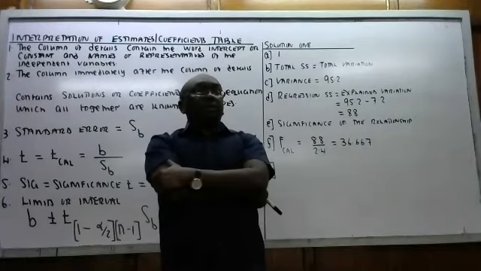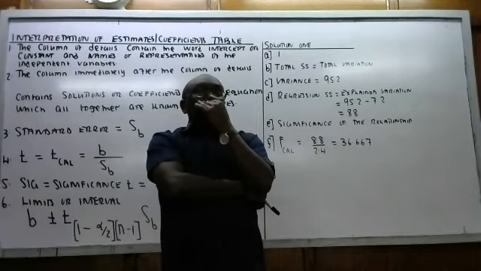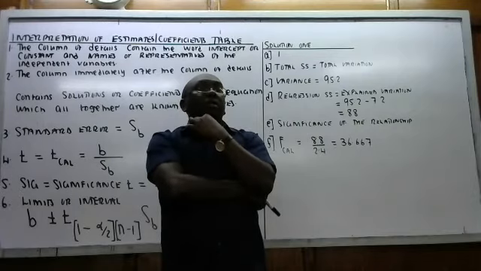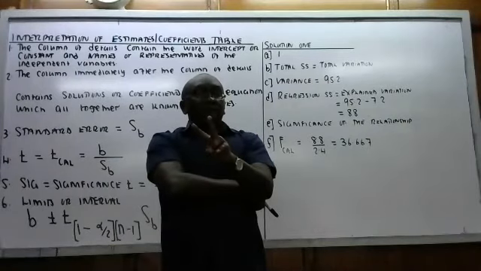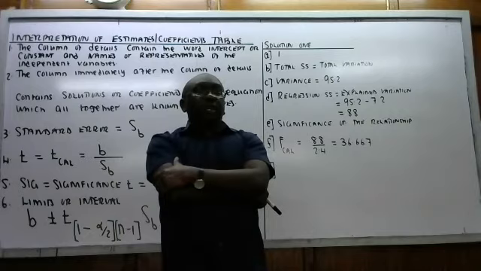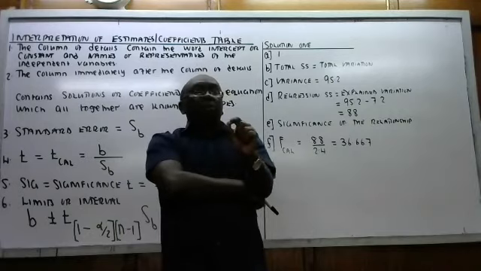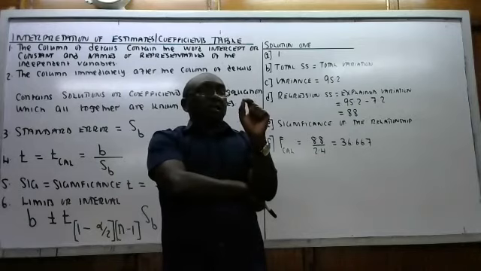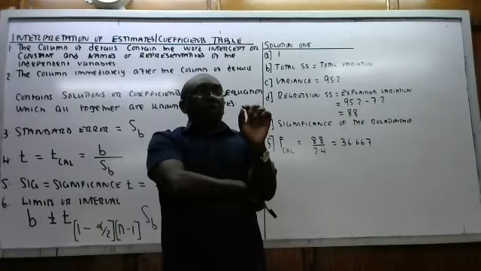The first one is the calculated, and the second one is the critical. So you require 2 values to make the conclusion. That's the first thing you need to understand as we answer this question: we must know what is calculated, and we must also know what is critical. Then we go back up and make the conclusion, or we decide.